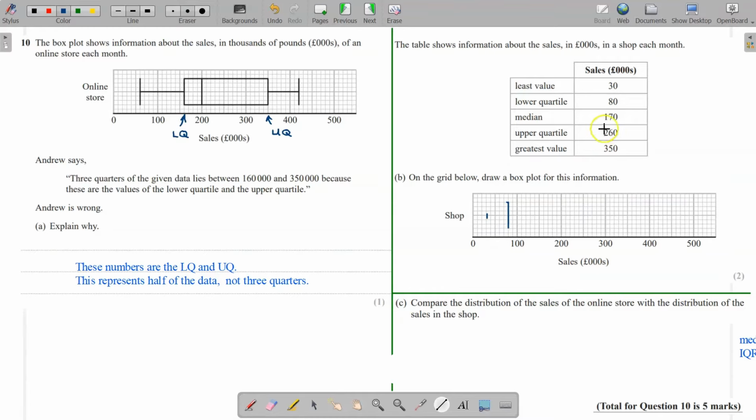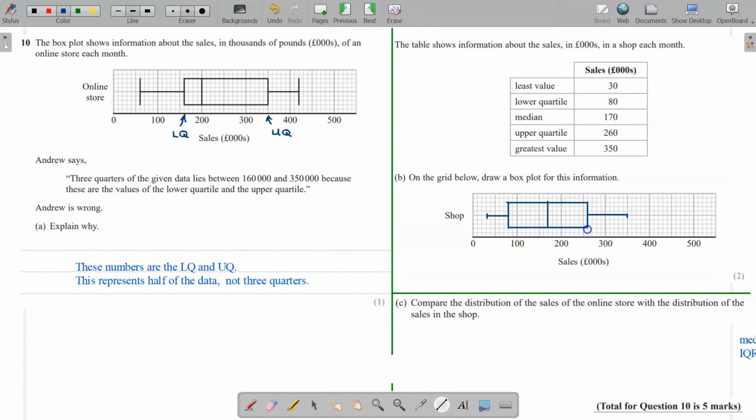Then we've got the median at 170, which is there. Then you've got the upper quartile at 260, which is here, and finally the end point, which is at 350, the highest value. Make your whiskers like that, and then the box joins up the lower quartile and the upper quartile.